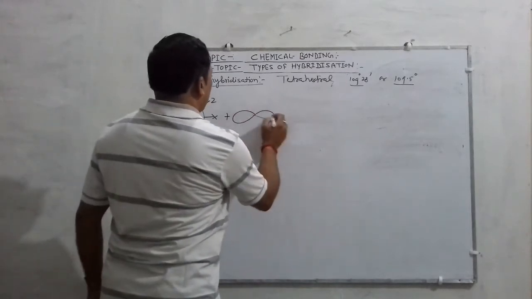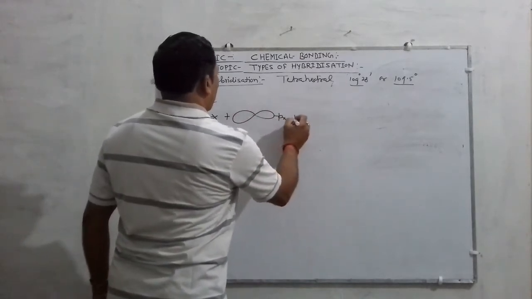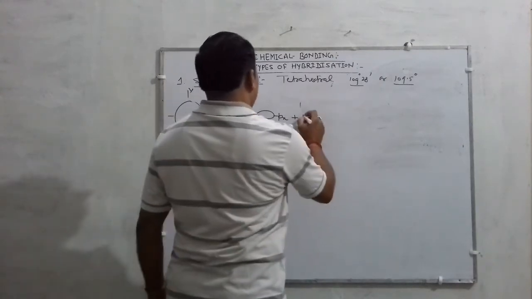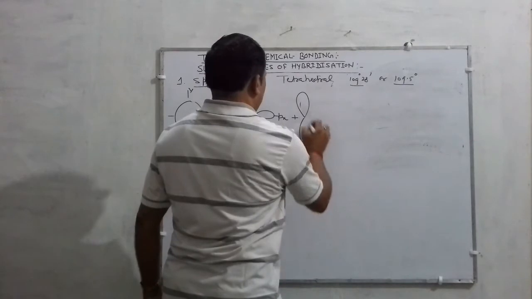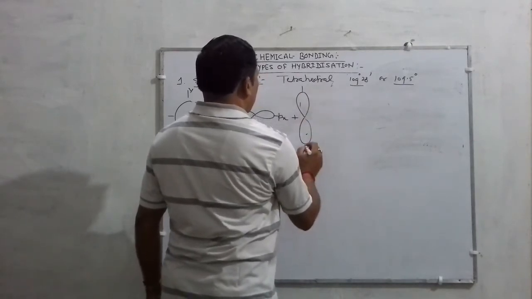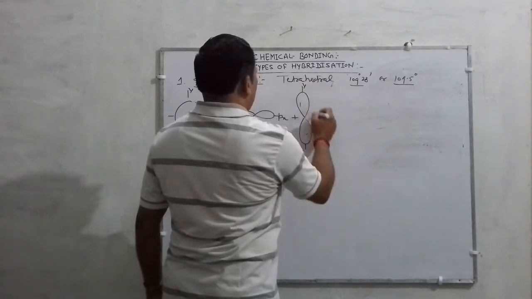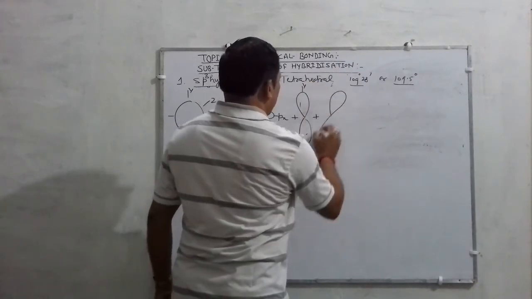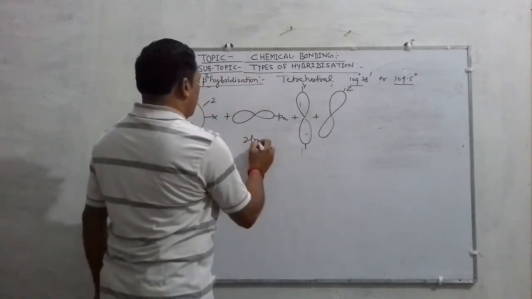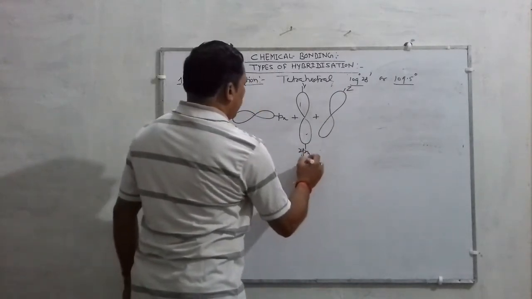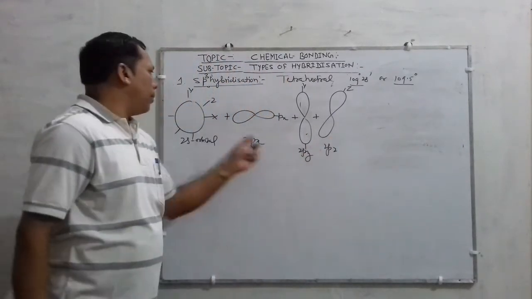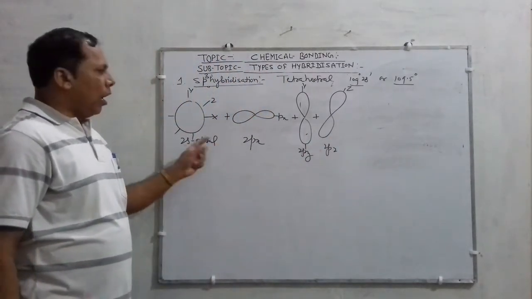One is px, the other is py, and the other is pz. So these are the 2px orbital, 2py orbital and 2pz orbital, meaning 3p orbitals and 1s orbital.